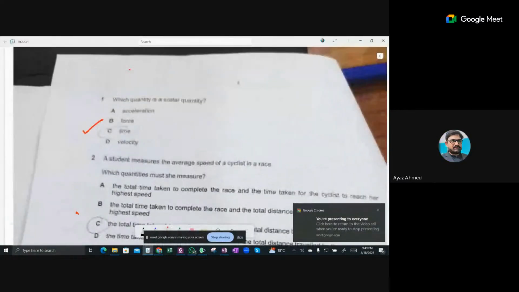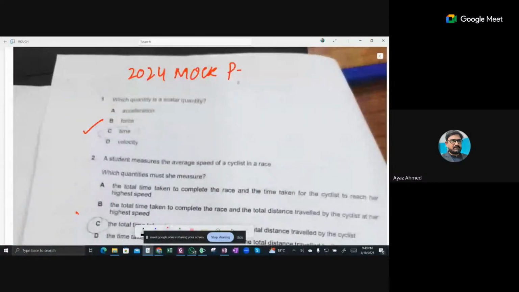Is that screen share? Yes, it is. Okay, so that is the 2024 mock exam paper 2 MCQs for your IGCSE. Question number 1 was, which quantity is the scalar quantity? So we have acceleration, force, time, and velocity. Obviously time is there, so that's correct.